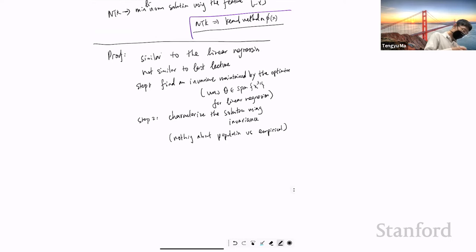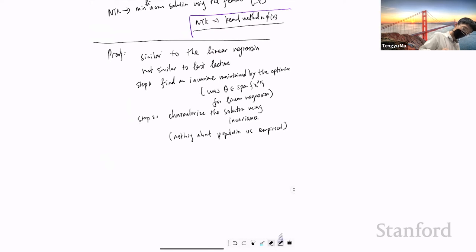So we need a little bit of notation to simplify our expression. Let x tilde be the extended data matrix. You concatenate x and minus x so that you get an n by 2d matrix. This is just to write everything in matrix notation so that you don't have to have the minus thing. So we will take W_t to be the concatenation of W plus t and W minus t. This is of dimension 2d.